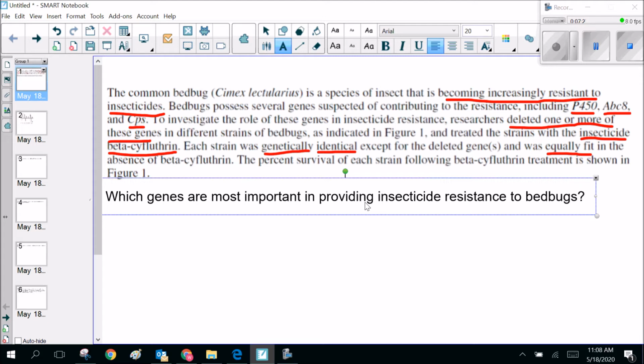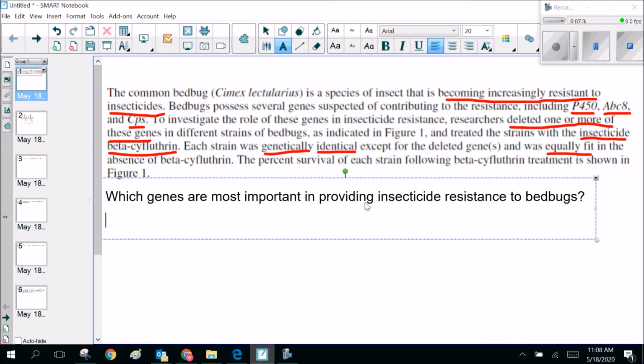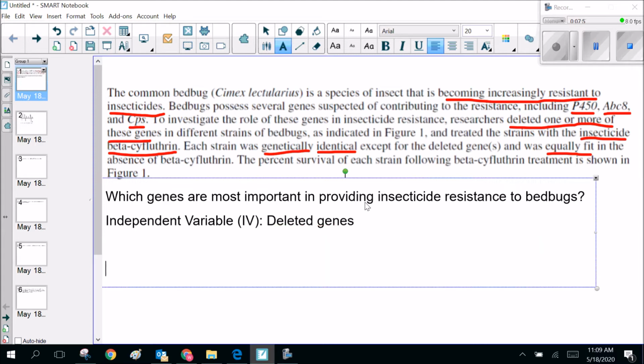That gives me a much better focus and idea when I'm going into the graph, and it can help me figure out what the important details are. The other thing I might recommend is coming up with the variables if you can. We can come up with them here. First, the independent variable, which I'll call the IV, is what the scientists are changing. They're deleting one or more of these genes, so I'll say the deleted genes are the independent variable.